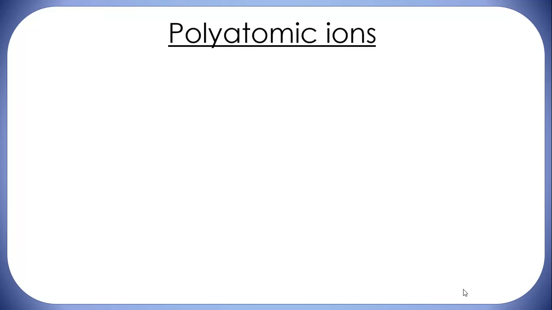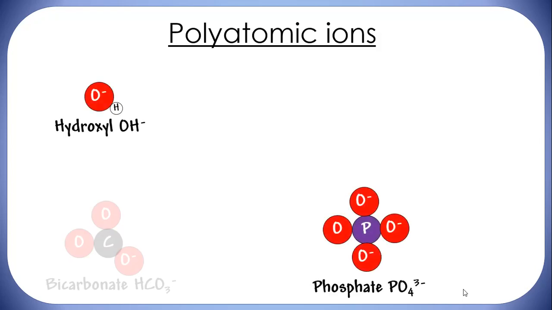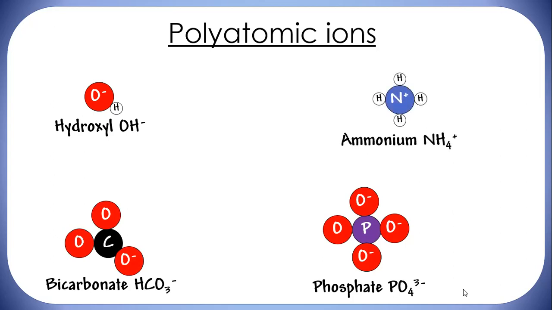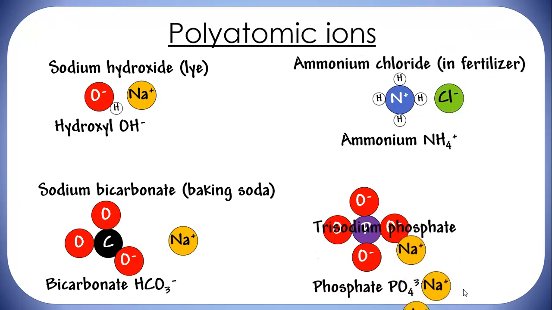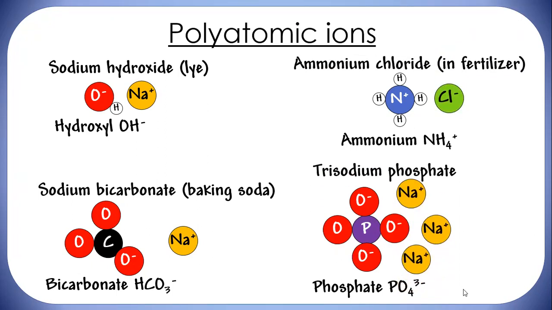These are called polyatomic ions. Important polyatomic ions in the body include hydroxyl, phosphate, bicarbonate, and ammonium ions. Like other ions, they can form salts with ions of the opposite charge. But when these dissociate, the covalently bonded polyatomic ion stays together.